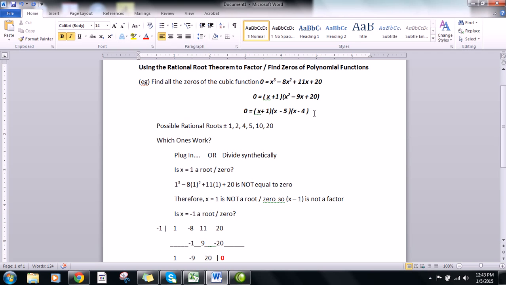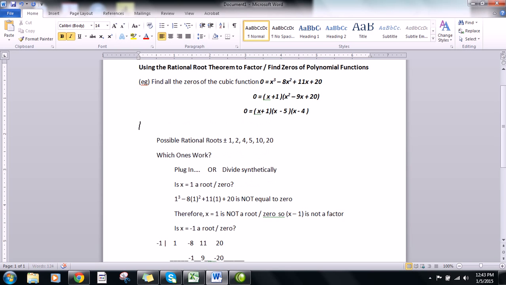And so therefore my solutions are -1, 5, and 4, of course 5 and 4 coming from these two factors.